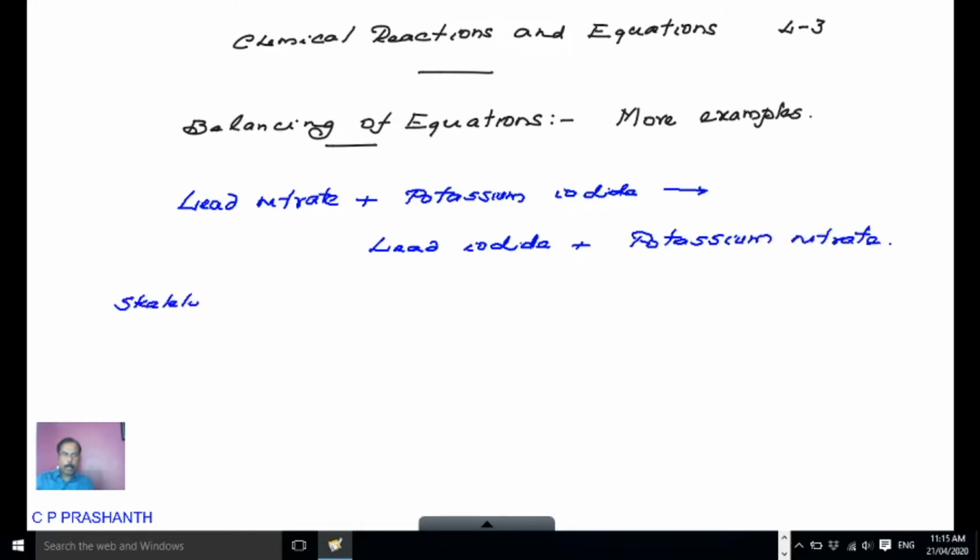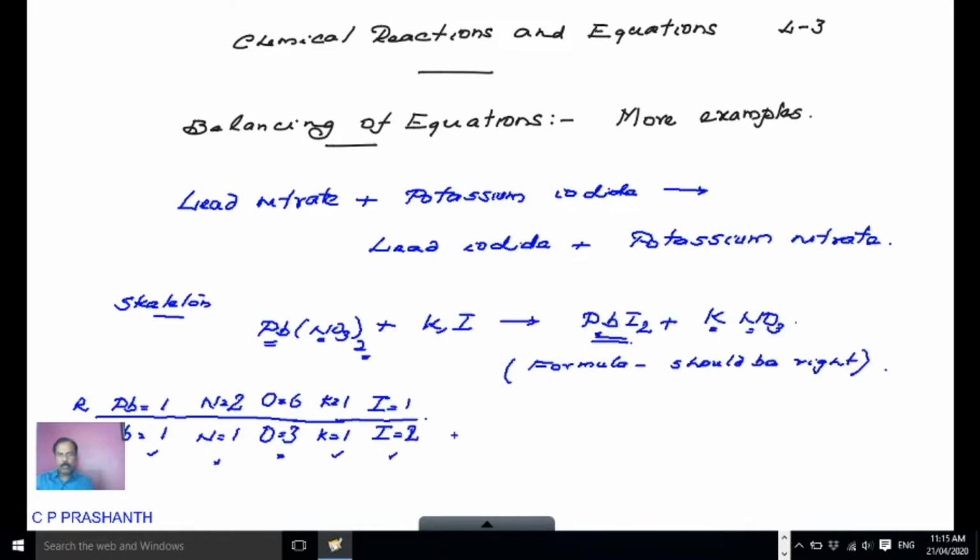Let us write the skeleton equation of this. Now let us try to balance it. You can see nitrogen is not balanced, oxygen is not balanced, even iodine is not balanced.